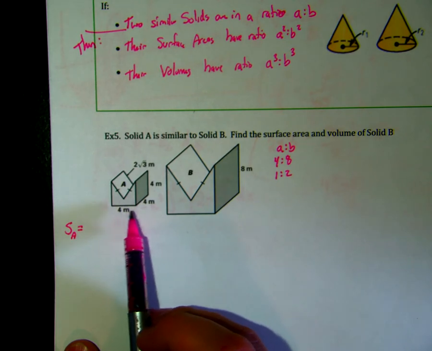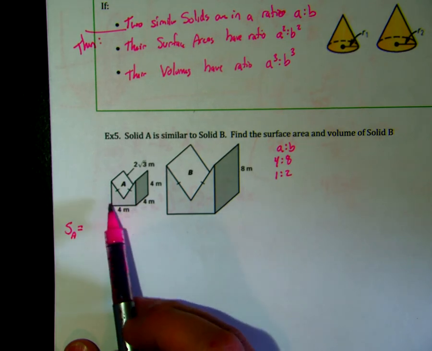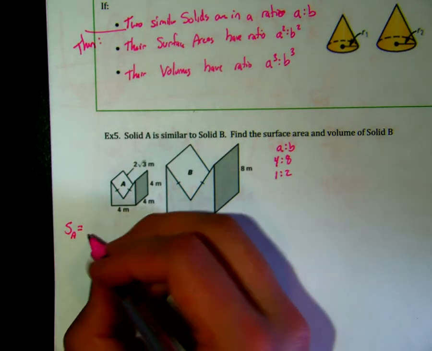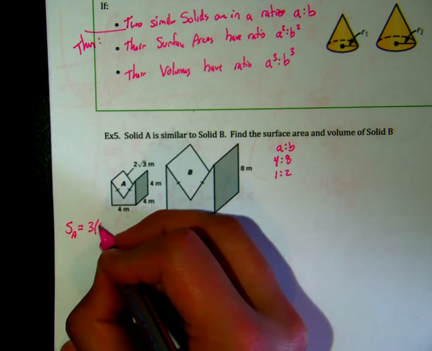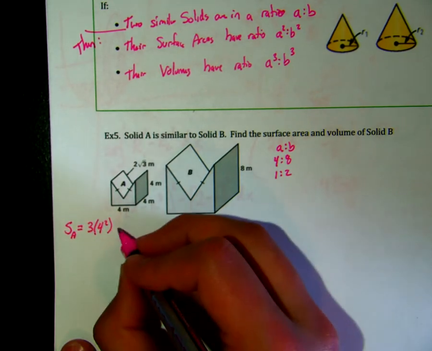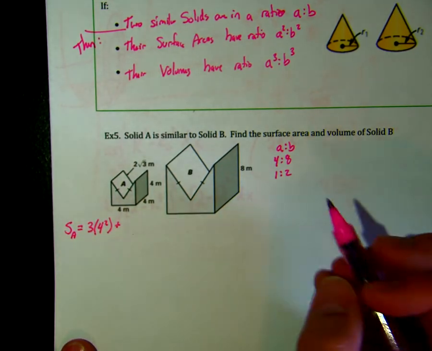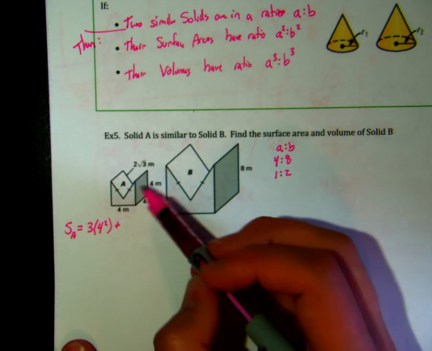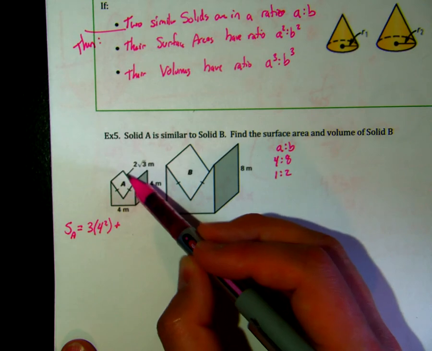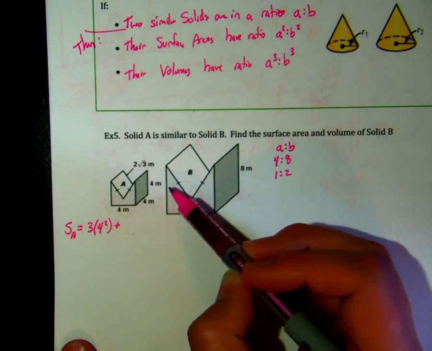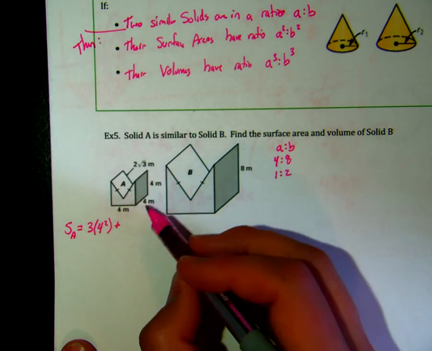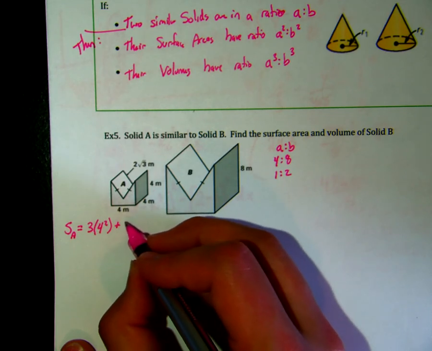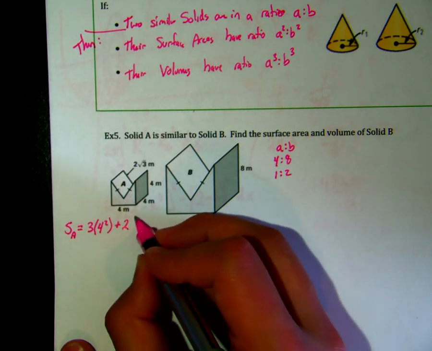The bottom is a square, 4 by 4. The side on the left is a square, 4 by 4. So there's 3 of these 4 by 4 squares. I have 2 of these things in the front. The thing that has the A on it is 2 root 3 in this direction, 4 in this direction. So that's a rectangle, 2 root 3 by 4. So that's going to be 8 root 3. And I have 2 of them.